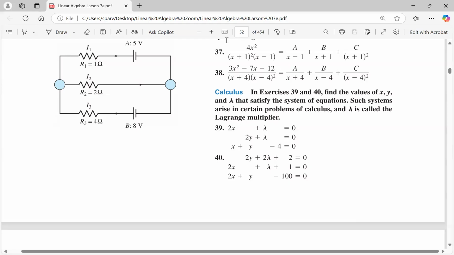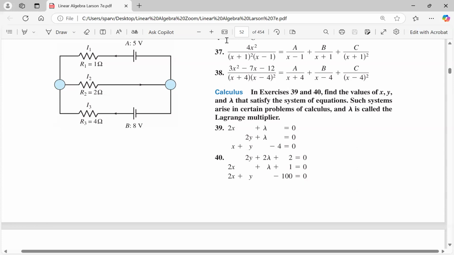I'm doing section 1.3, and this is number 39. Okay, so the system is 2x plus lambda equals 0. The second equation, 2y plus lambda equals 0.